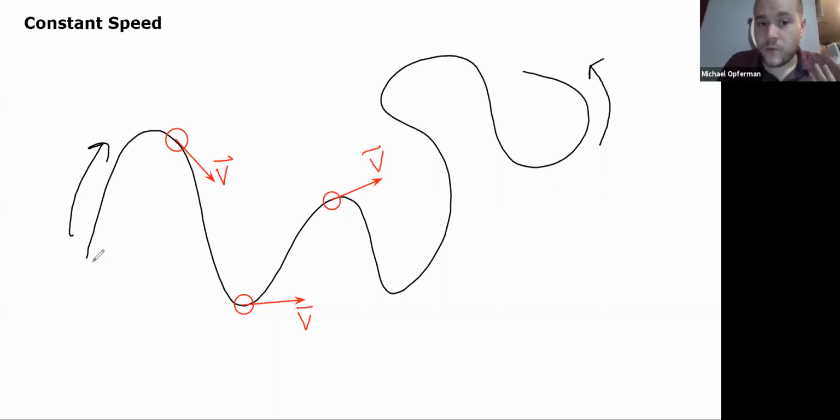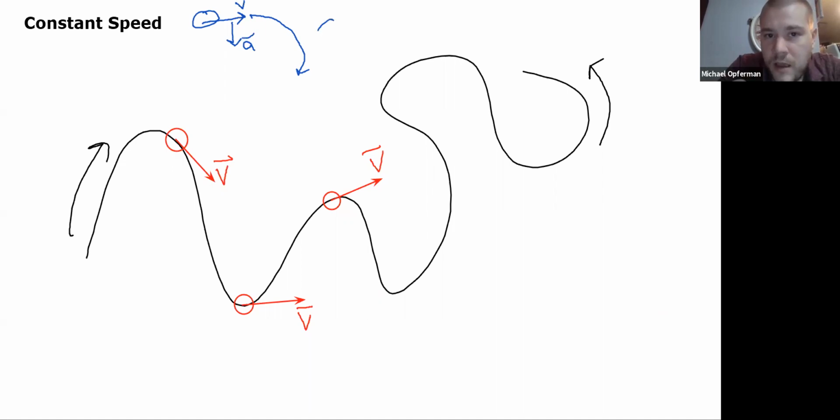Now, what's the acceleration vector for these cases? What you want to think about when you think about the direction of the acceleration vector is, which way is the object turning? So if you had an object that was coming along in this direction here, so say the velocity vector was like that, if the object was going to be turning down this way, you would need an acceleration vector pulling it in this direction.